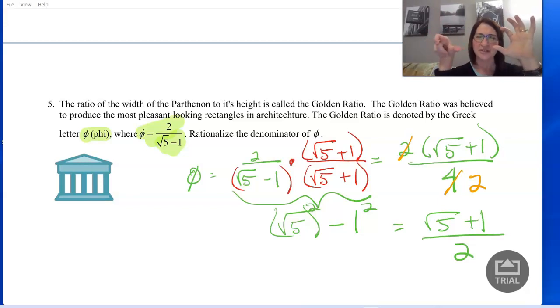You need to create a situation where your exponents all equal your index, and then you can take the root. When you have two terms in the denominator, and at least one of them is a radical, you multiply by the conjugate. Those are your two different strategies.